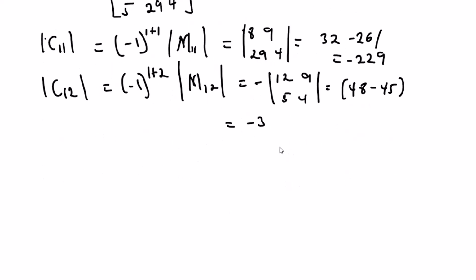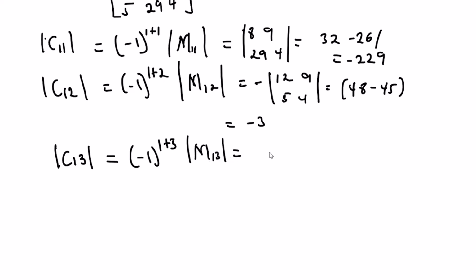Now the next one. What is the next entry? We have C13. Okay. So we are still in row 1. So we have negative 1 exponent 1 plus 3 times the minor, so 1 3.